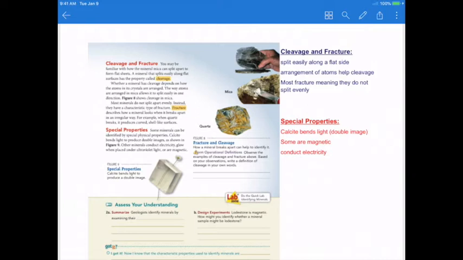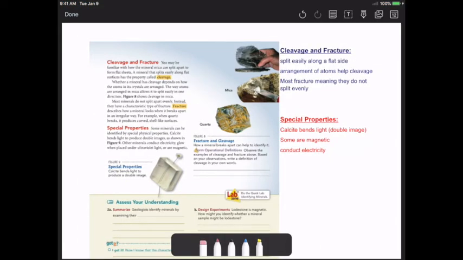How they are arranged makes them cleave easier. Like mica, which is right there and here. When you peel it, it comes off in layers of sheets. It's really cool. Most minerals, though, fracture, so they don't necessarily break apart evenly, but they do break apart with flat sides.